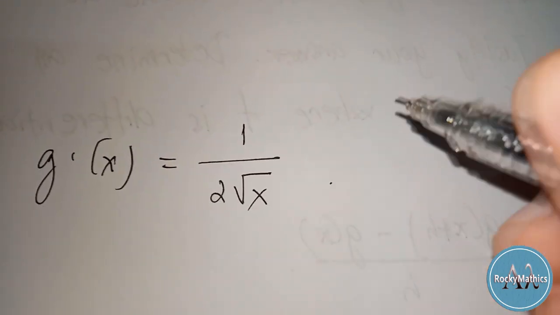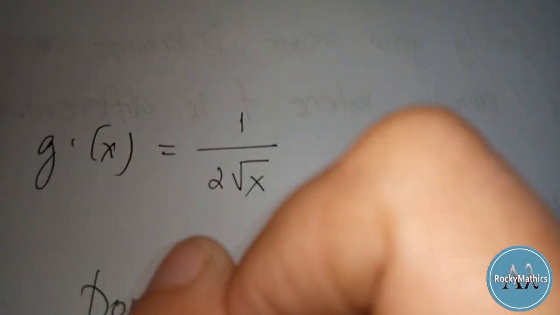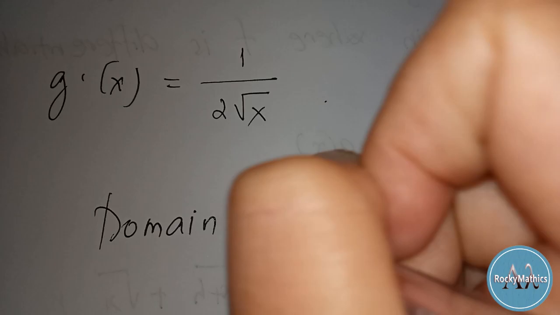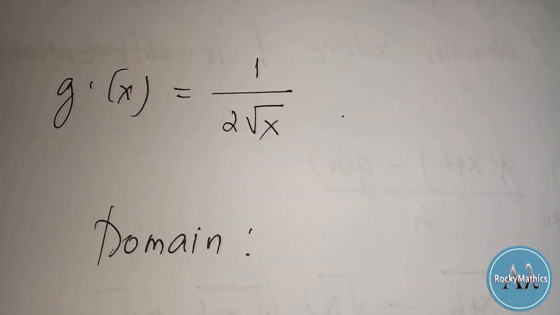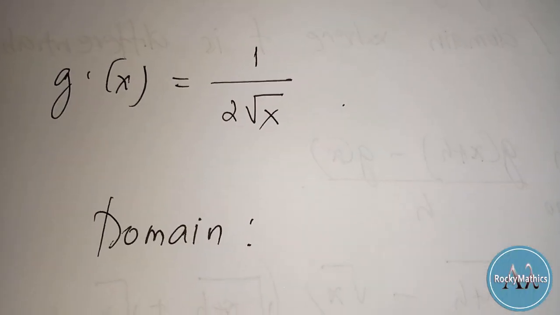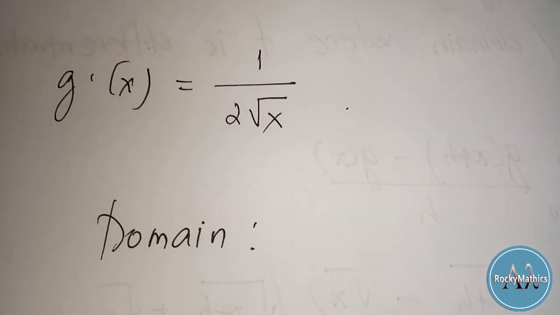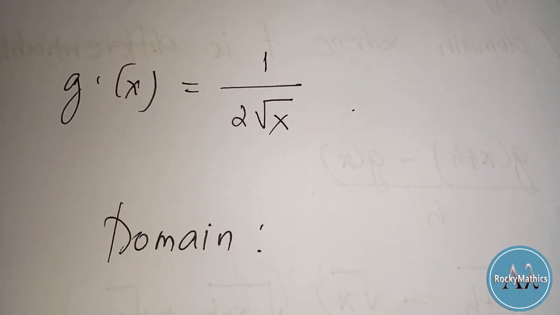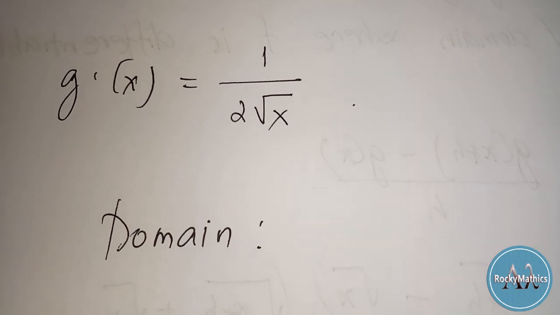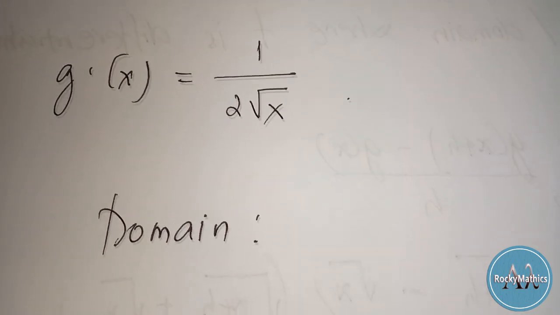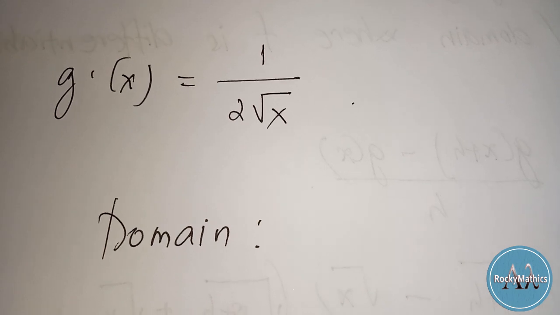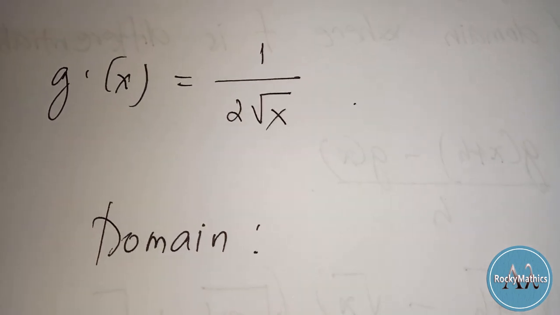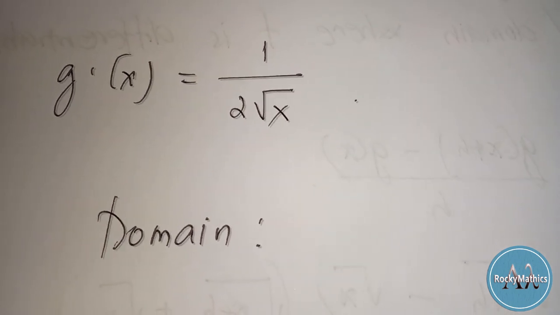Now, what's the domain of this? Or when does g prime exist, at what point or points?